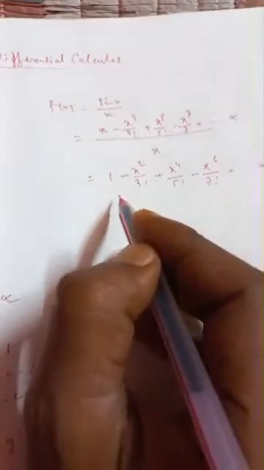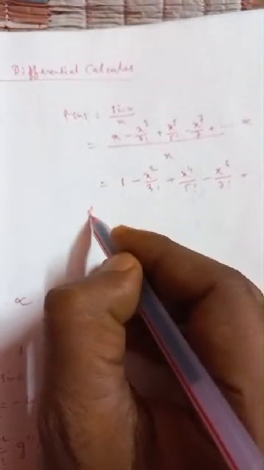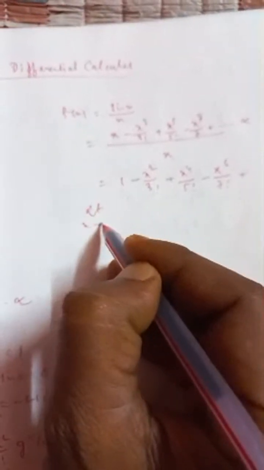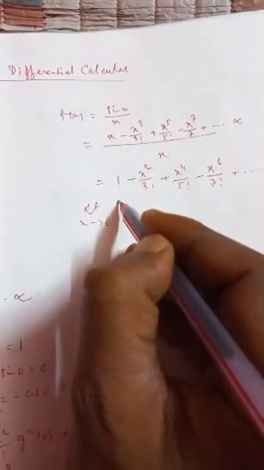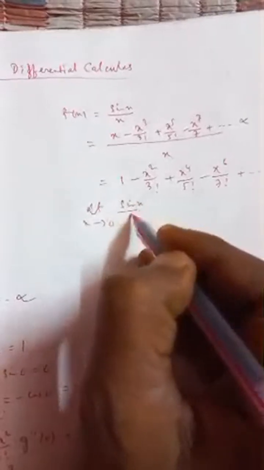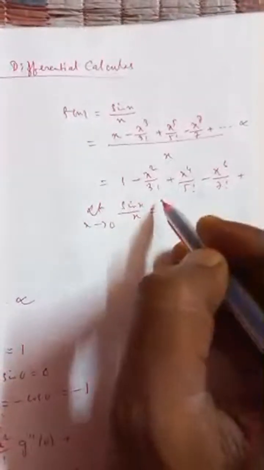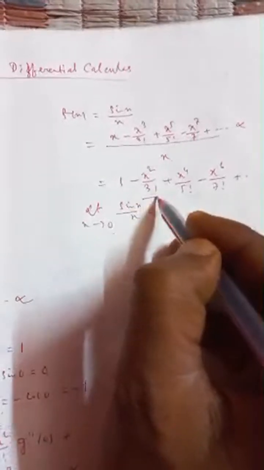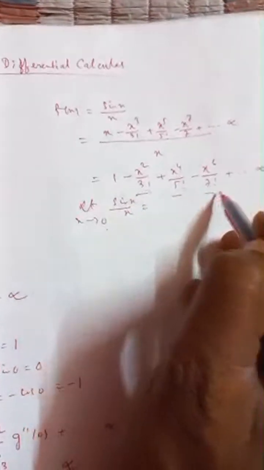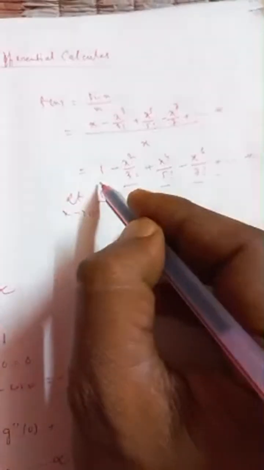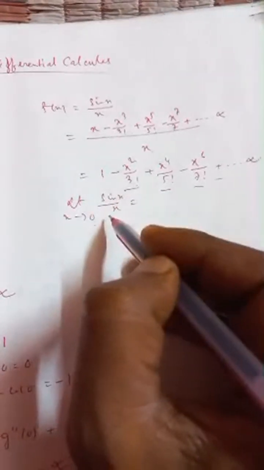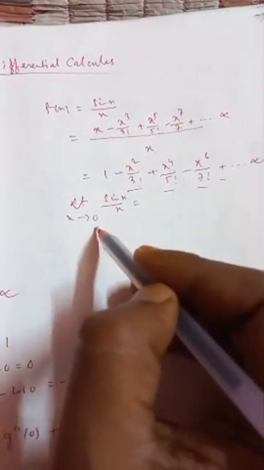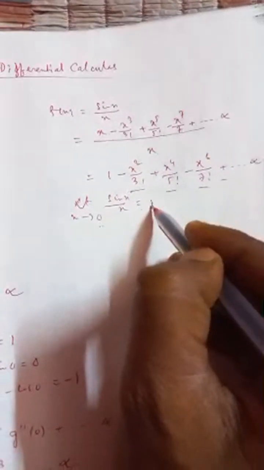Now if we take the limit where x tends to 0 of sin x by x, then at the limiting point 0, all these terms will be 0 other than 1. So this function f(x) has limiting value 1 at the point 0.